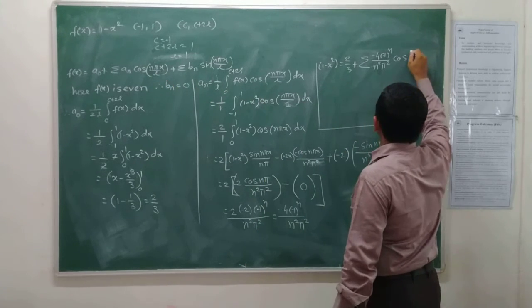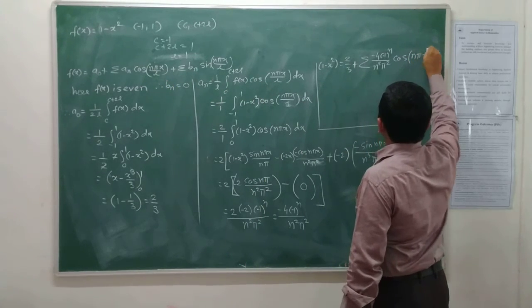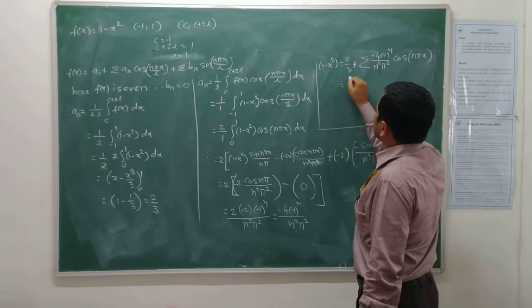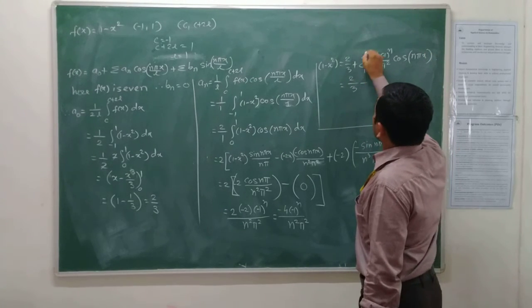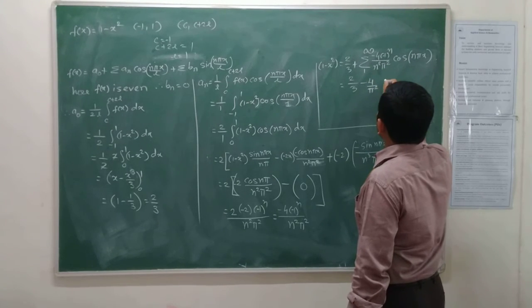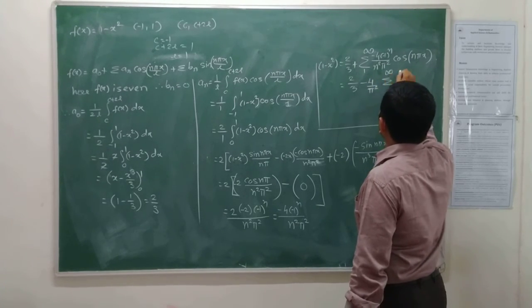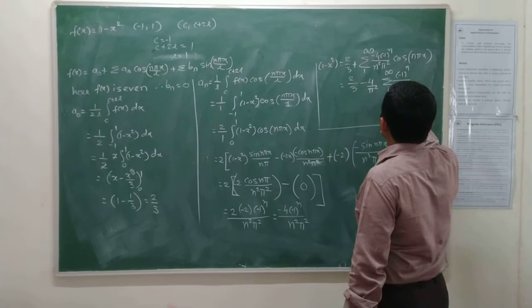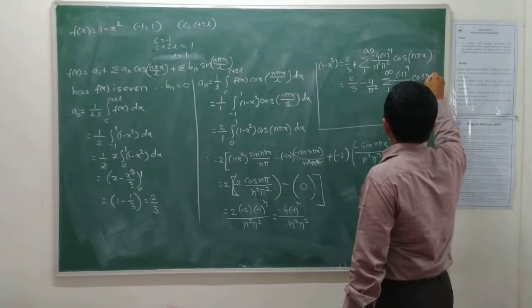Value of l is 1. So we get cos n pi x. So this is 2 by 3 minus 4 upon pi square into summation 1 to infinity of minus 1 raised to n upon n square into cos n pi x.